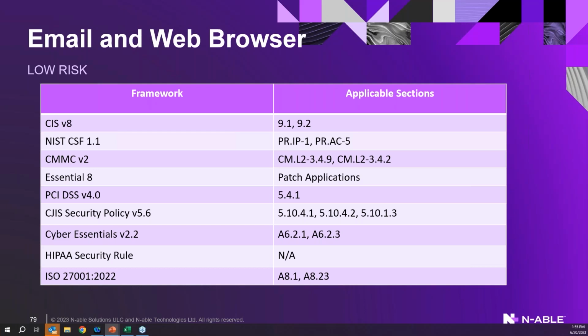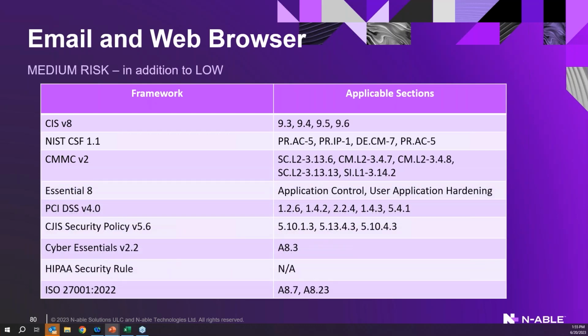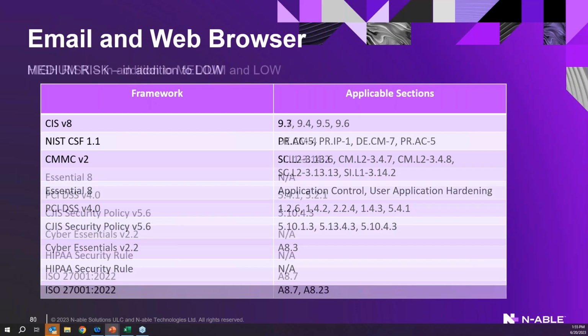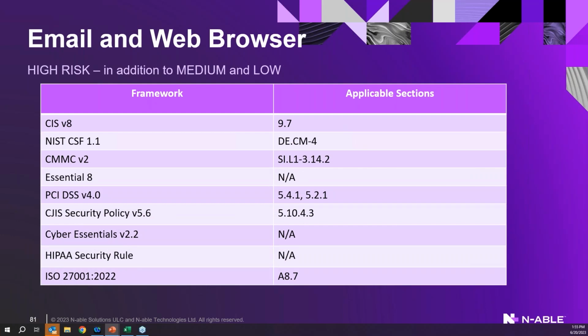All of our security controls at the low risk level say, yep, we want you to have a bunch of these in place. When we get up to medium risk, there are going to be a few more. And when we get up to high risk, they ask for more, but only on certain frameworks.